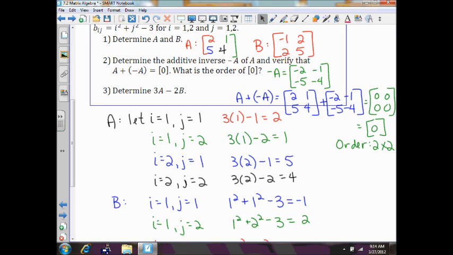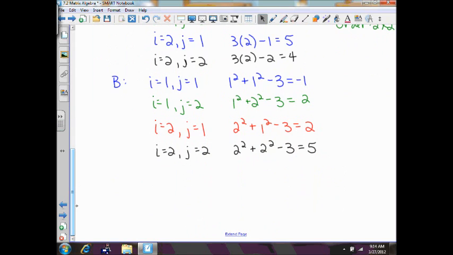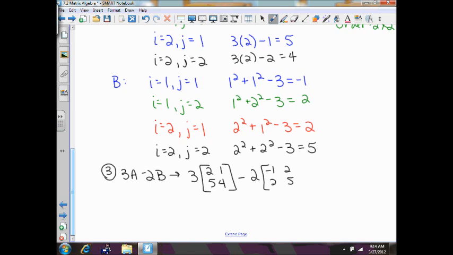Now for number 3, we need to determine 3A minus 2B. So let's copy this a little bit. 3 times 2, 1, 5, 4, minus 2 times B, which is negative 1, 2, 2, 5.